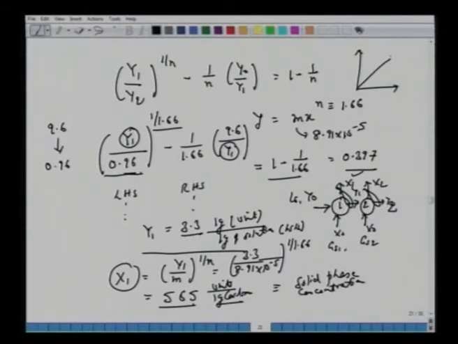In fact, if you go back to the graph which you obtained with the slope of m, and read Y1 as 3.3, you should be able to read this number 565 directly from the graph.